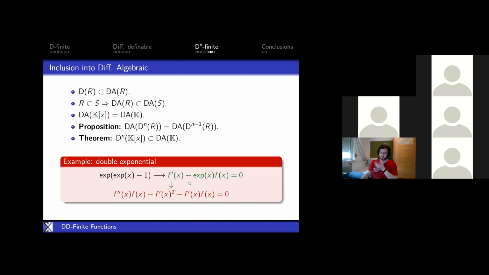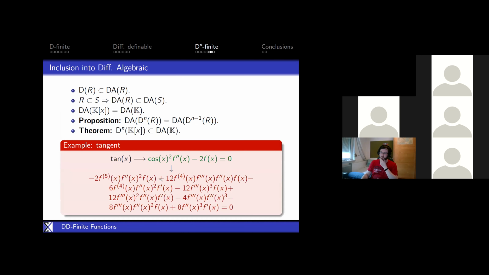But first of all, as I mentioned here, the result is constructive, and it's implemented in the code that is included in the package. For example, for the double exponential, you start with this linear differential equation, and you build this non-linear equation just using the properties of the exponential here. And for the tangent, just using this differential equation and the properties of the cosine squared, you build this non-linear equation.